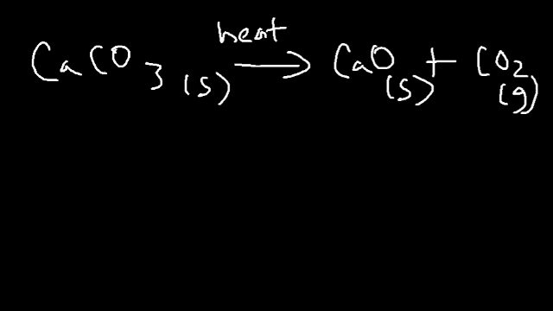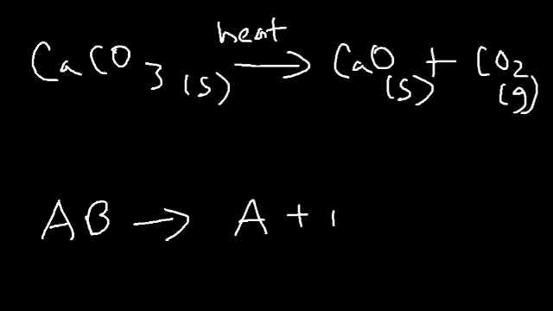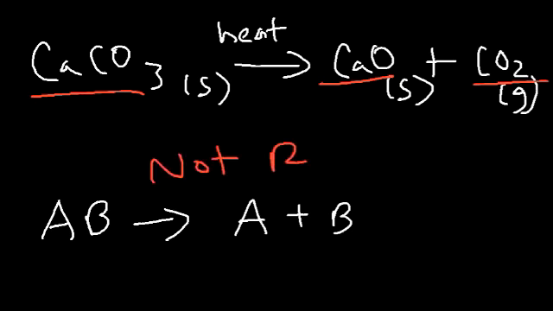Now what kind of reaction do we have here? We have the reverse of a combination reaction. We have a larger product breaking down into two smaller components. So this is known as decomposition. Now, is it redox or is it not? Notice that we have a compound, compound, compound. No pure elements. So it's not a redox reaction.